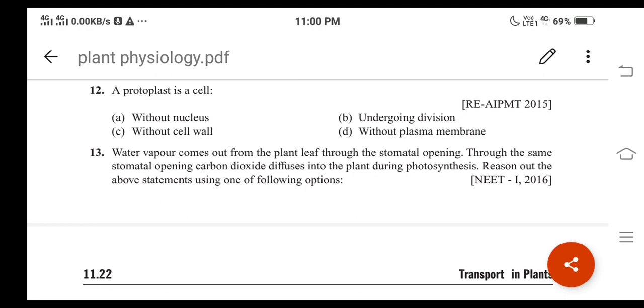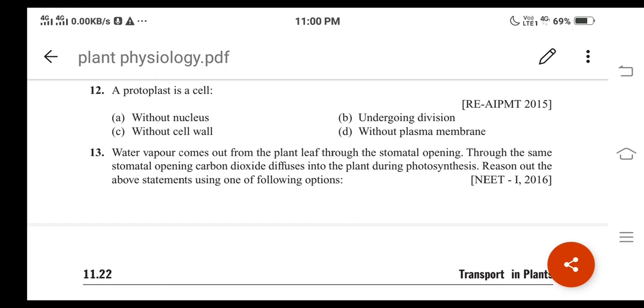A protoplast is a cell without cell wall. In a plant cell, if the cell wall is removed, the remaining part is considered as the protoplast. So for question number 12, option C becomes the correct answer, right? And let us go for the next question.